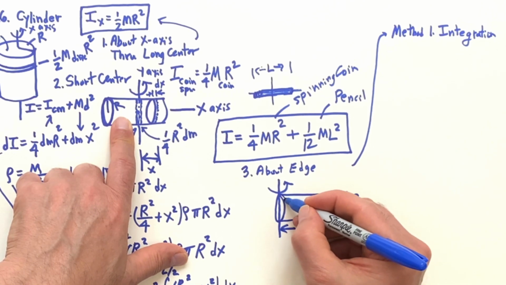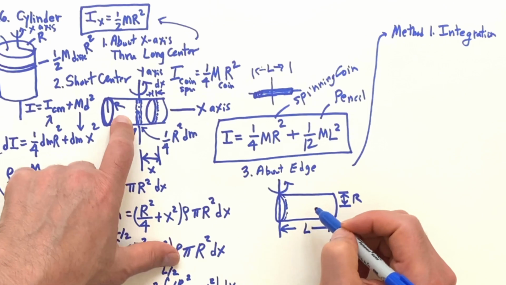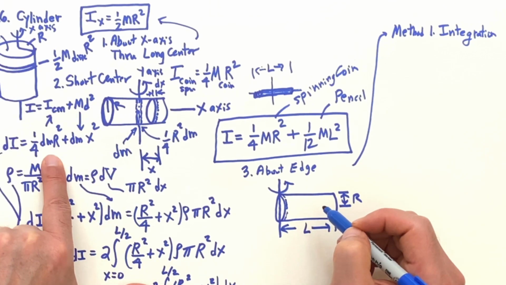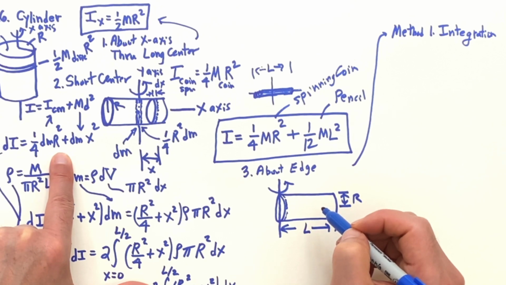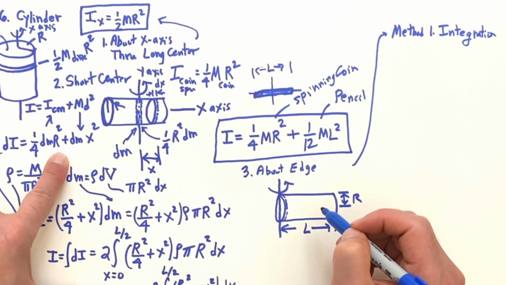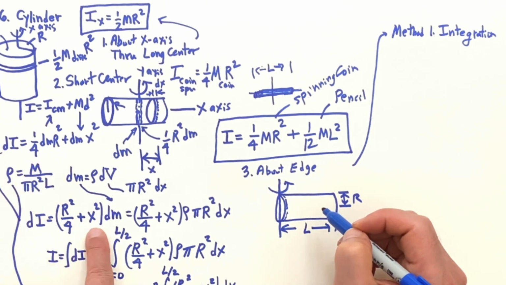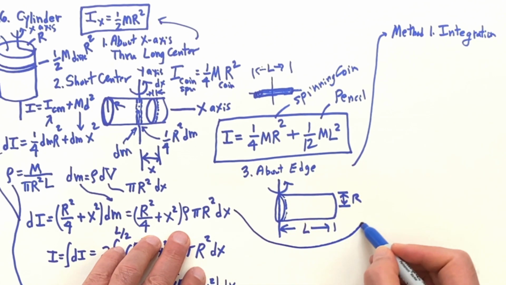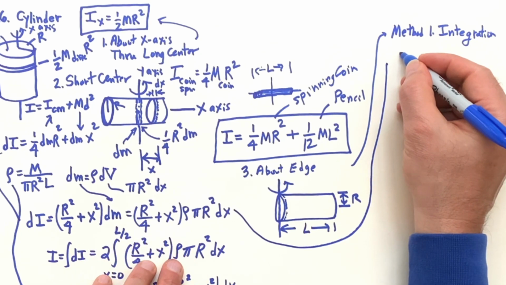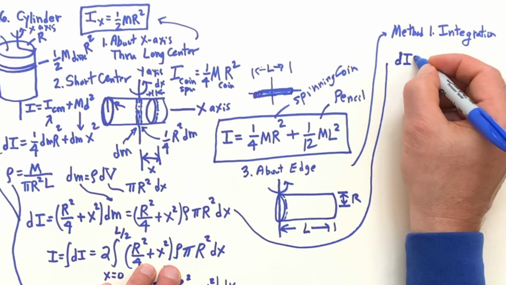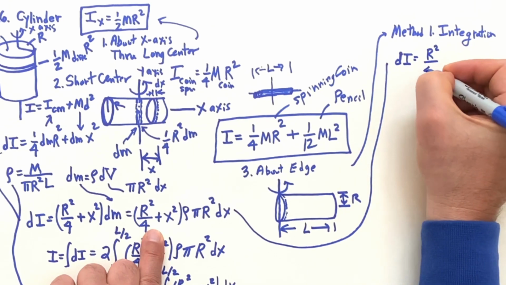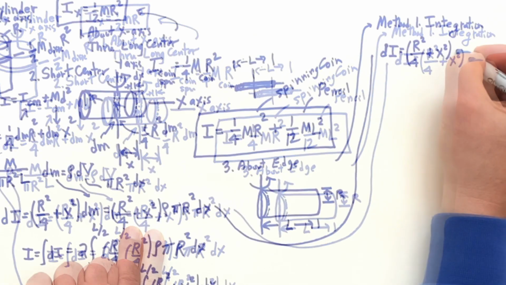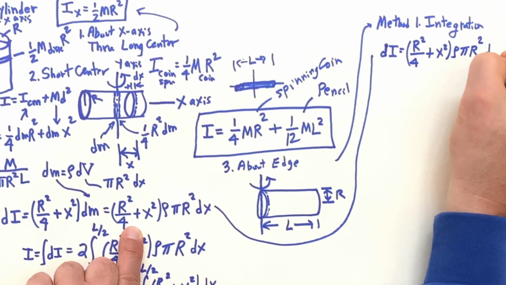So in other words, I have the spinning coin at the origin, and when I use the parallel axis theorem, here's my term, here's my piece right here, and this piece here became this part down here, and instead of going from 0 to L over 2 with the 2 in front, I'm going to go from 0 to L. So that means, let's take this equation here and have dI is r squared over 4 plus x squared rho pi r squared dx.